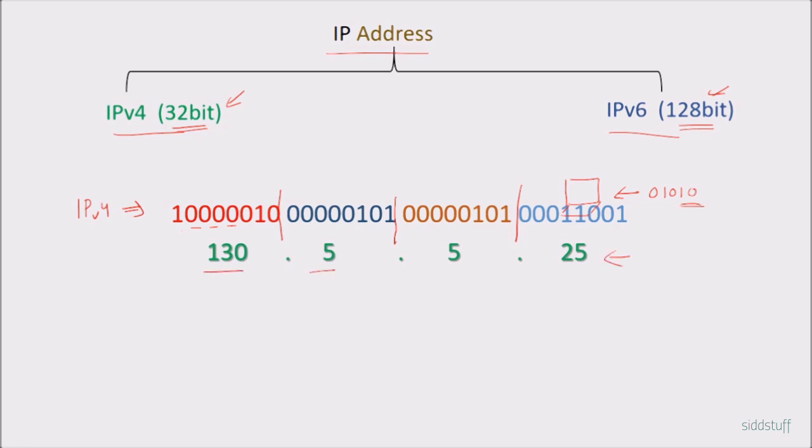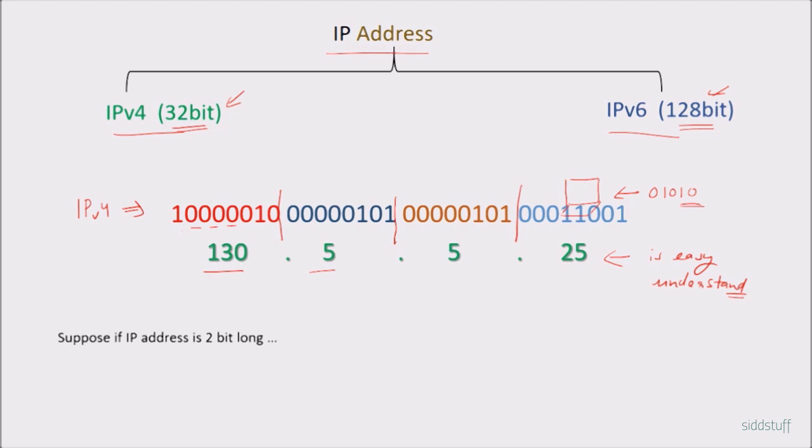Now this form is easy for us to understand. That's why, to make it simple, we convert the IP address from 0 and 1 form into decimal form.